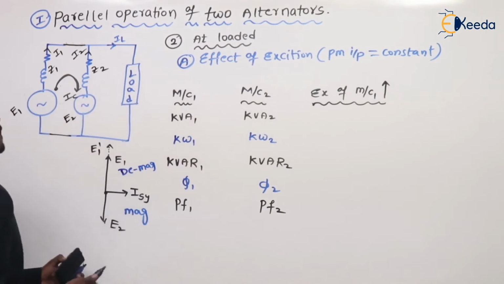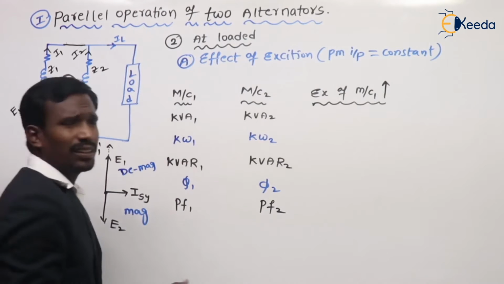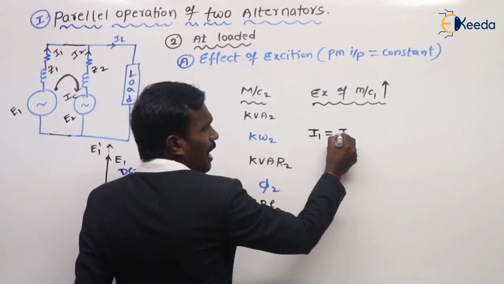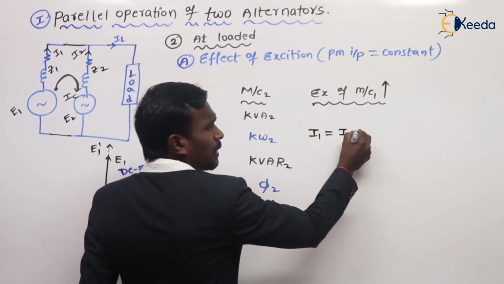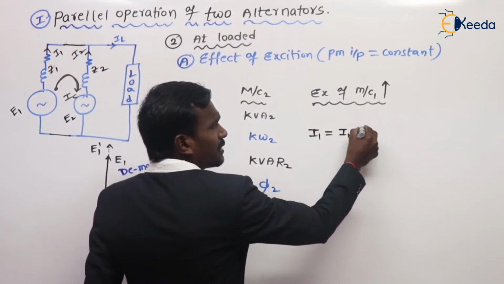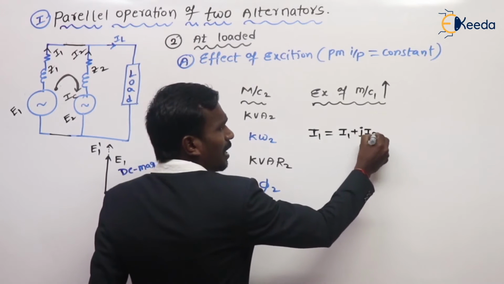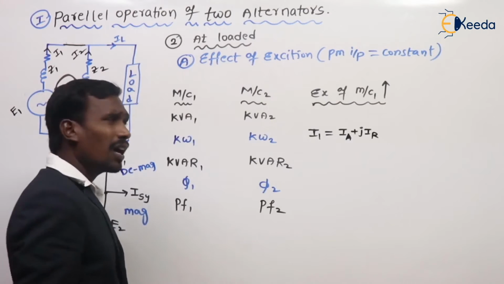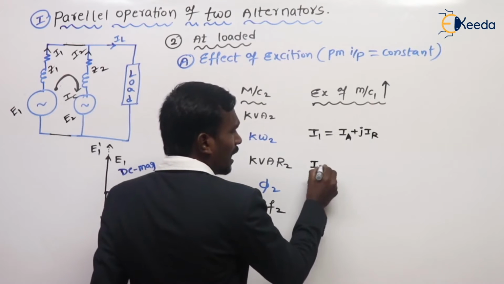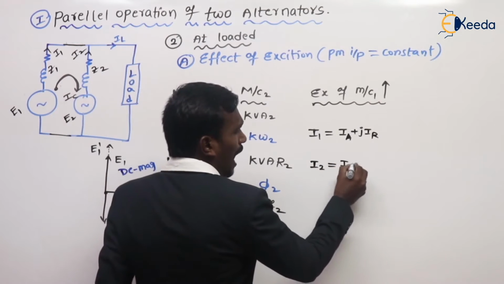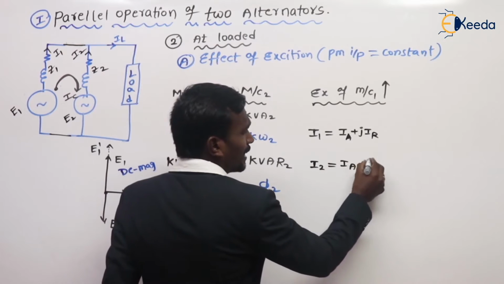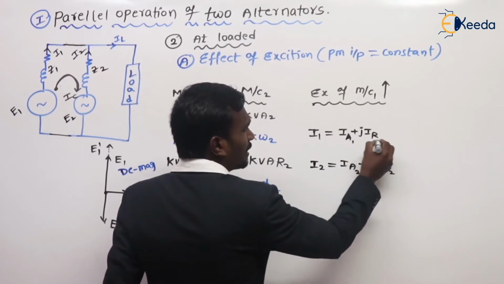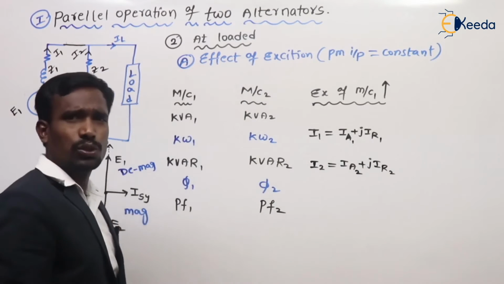And here the current of the machine 1 is nothing but I1 plus JIR, or I active plus reactive. Actually, the current of the machine 2, I active plus reactive. This is actually the current of the machine 1 and machine 2.